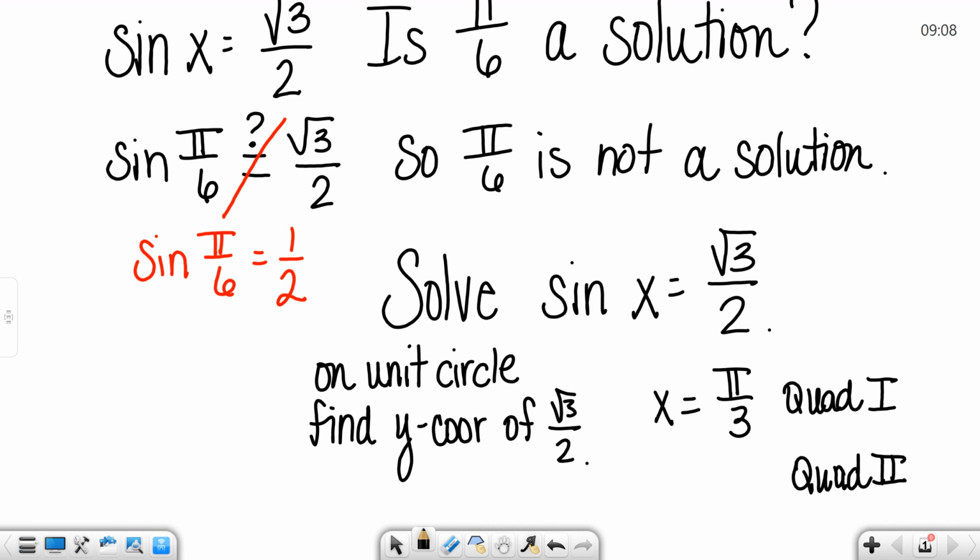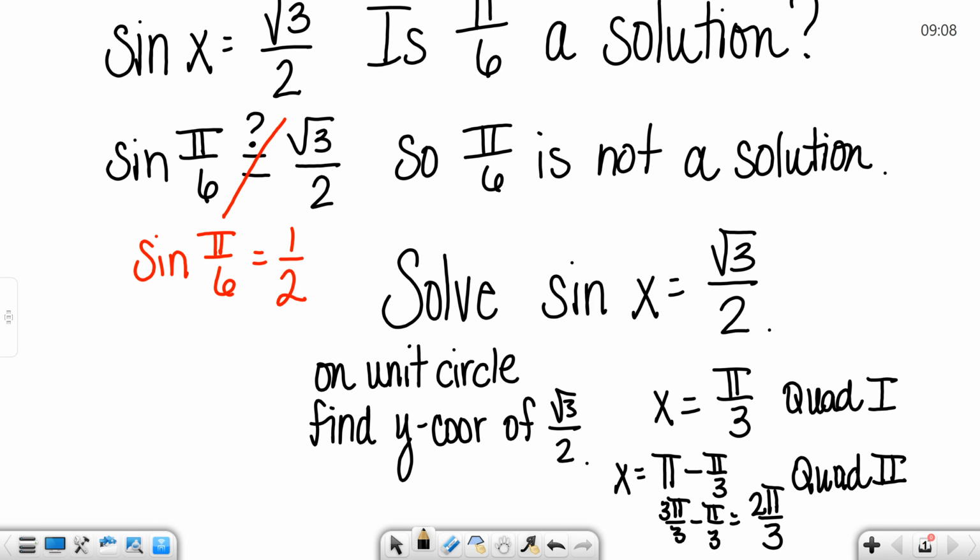Now, what I need to think to myself is, if I'm looking at the unit circle, I can just locate it. If I'm not looking at the unit circle and I'm trying to figure out what would the other one be, then I'm going to say, okay, x is pi minus that reference angle of pi over 3. And so that ends up being 3 pi over 3 minus pi over 3, which is 2 pi over 3.